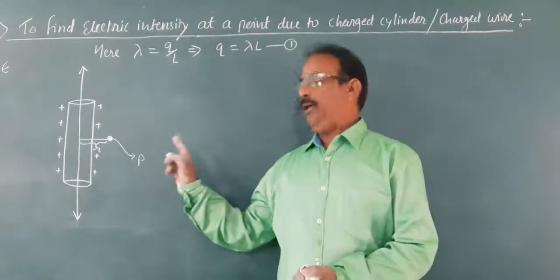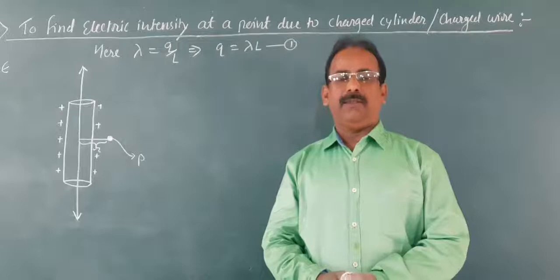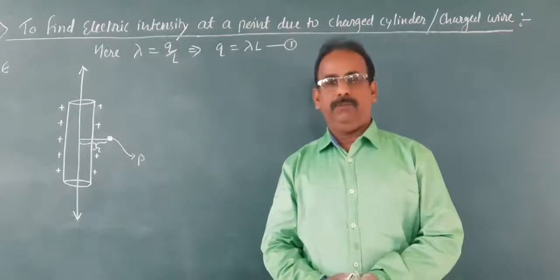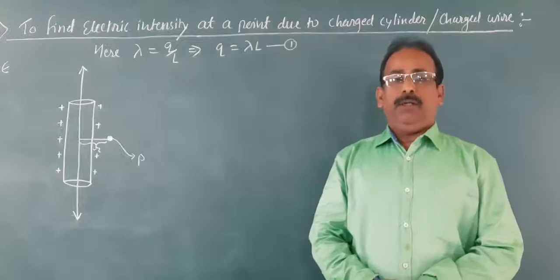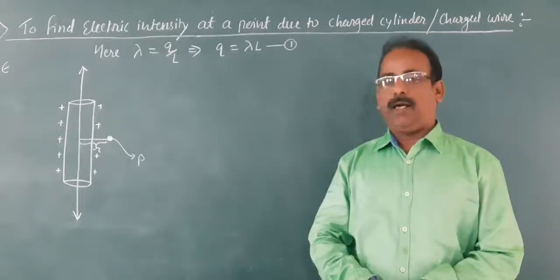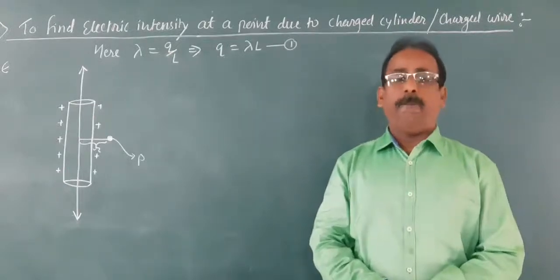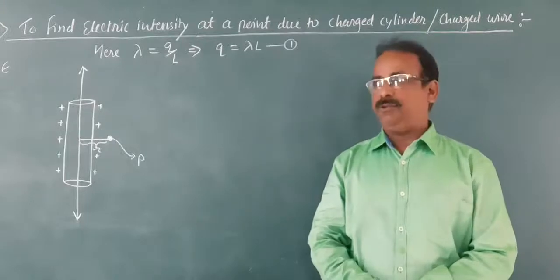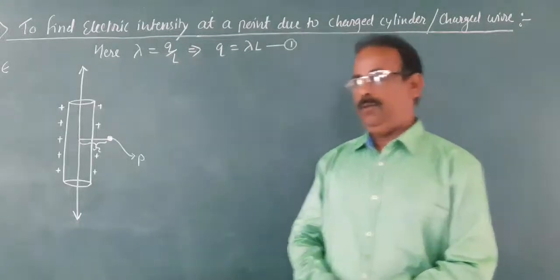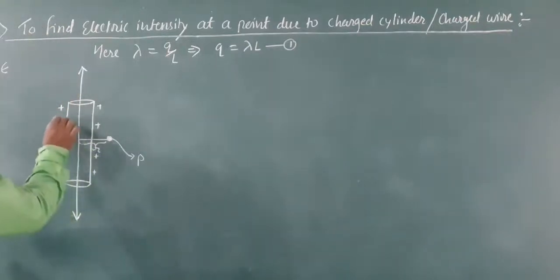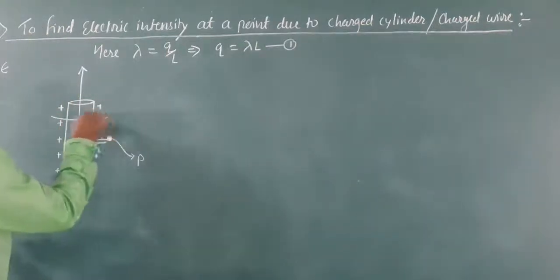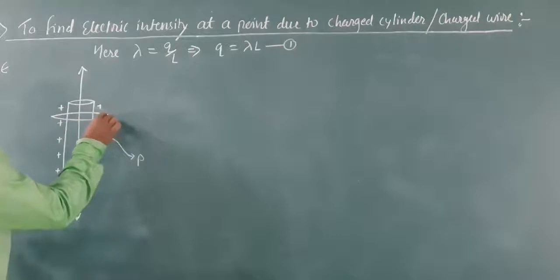We have to find electric intensity produced by the cylinder at that point. To find electric intensity at point P, first construct another cylinder of finite length passing through point P, which is called Gaussian cylinder.